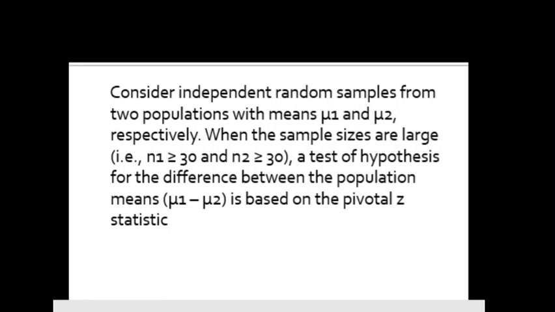In the first case, the samples are independent of each other and both sample sizes are greater than or equal to 30, which gives us a large sample, and we will be able to use the Z statistic.